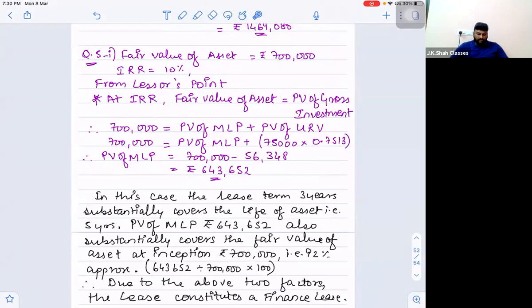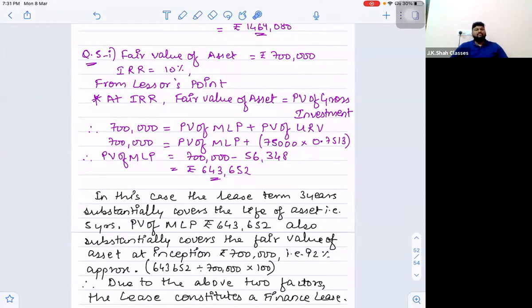In that I also have the future value of URV. Now I just want to find the future value of MLP. If I get that, I will add it to 75,000 and get my gross investment.